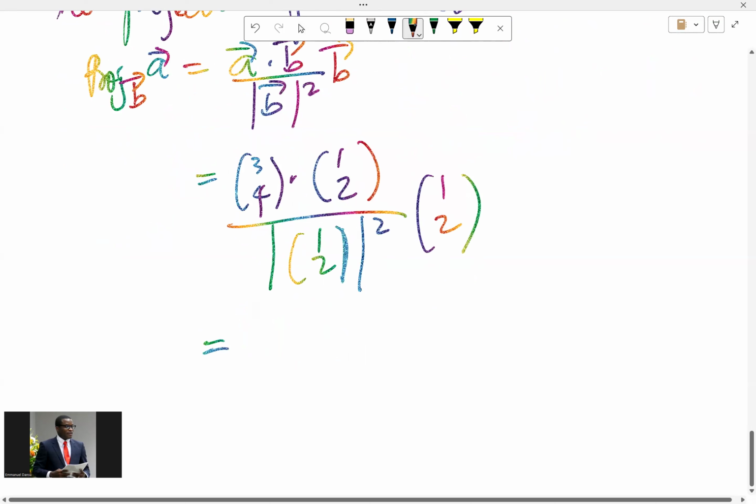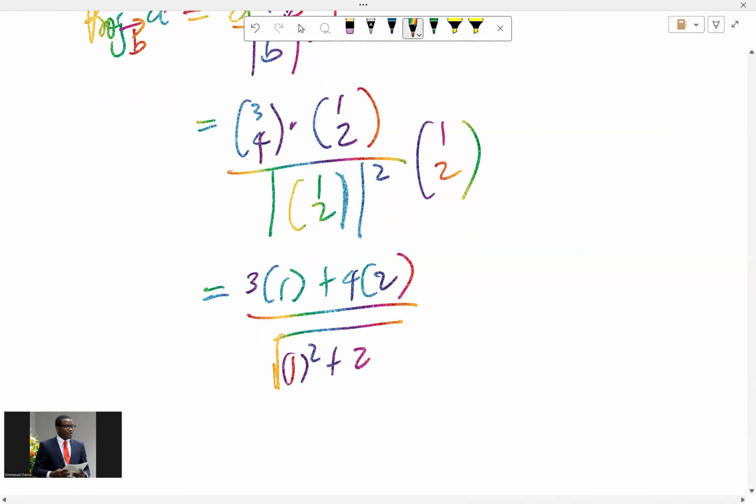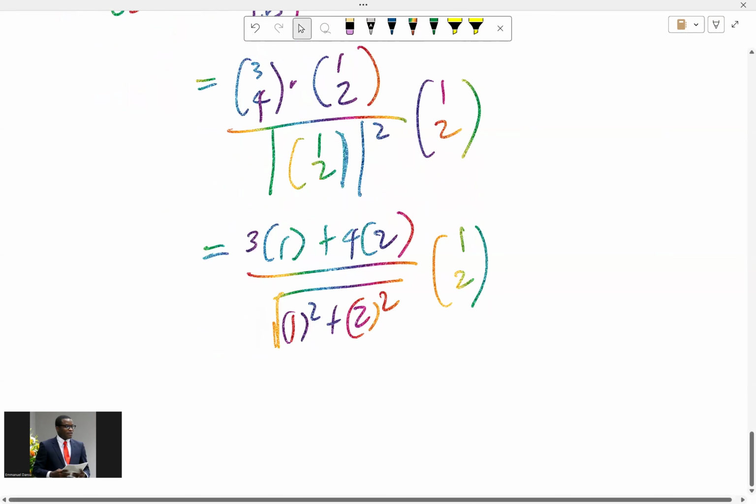So the dot product of A and B will just be 3 times 1 (it's just i and i, j and j), so 3 times 1 plus 4 times 2, divided by the magnitude, which is simply the square root of 1 squared plus 2 squared, and that is multiplied by the vector 1, 2.